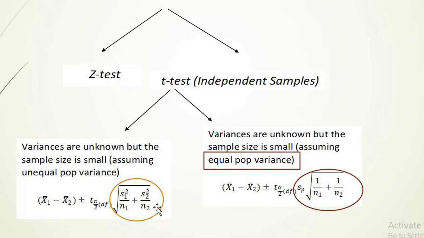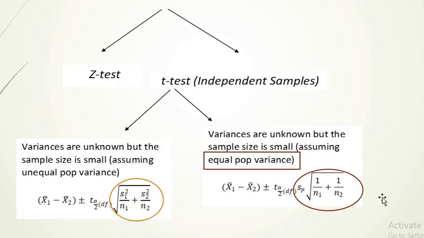First of all, the standard error is entirely different. For unequal population variances, you have this type of standard error, where we are just replacing capital S1 in the Z case with small s in the T case. You see some p in the subscript of S. That subscript p means pooled standard deviation.